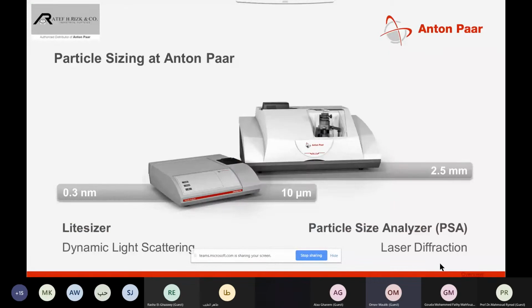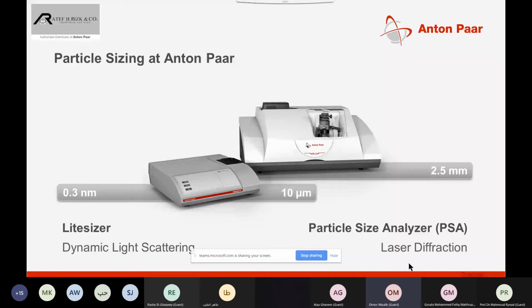Principally, they are both measuring particles, but they have different size ranges, and the principle itself is different. In the laser diffraction technique, you are measuring the angle of diffraction of the laser light when it is incident on the particles.